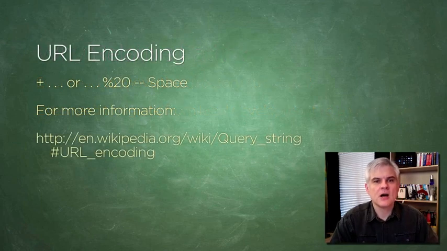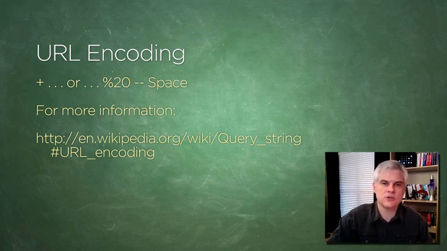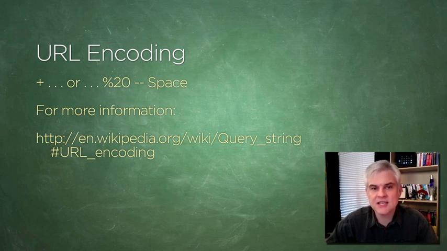All right. Also, when it comes to the URL itself, some characters have special meaning or must be encoded in some way so that they're properly routed to the correct resource on the web server. This process is called URL encoding. The best and the most frequent example that you're going to see is whenever somebody has a space in a file name used in a URL.